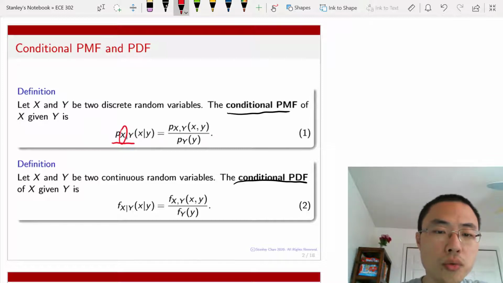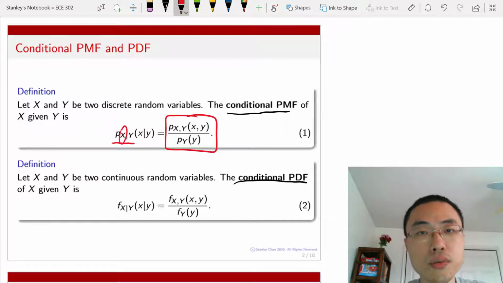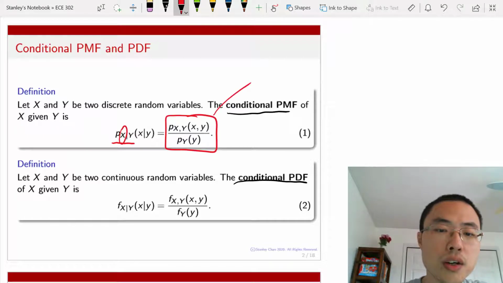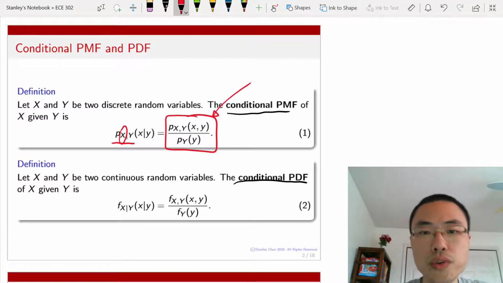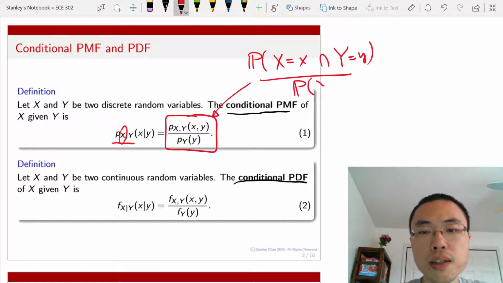On the right-hand side, it is defined as the ratio between the intersection and the marginal PMF. We have also discussed the meaning, which is the event that x equals x and y equals y, divided by the probability that y equals y.